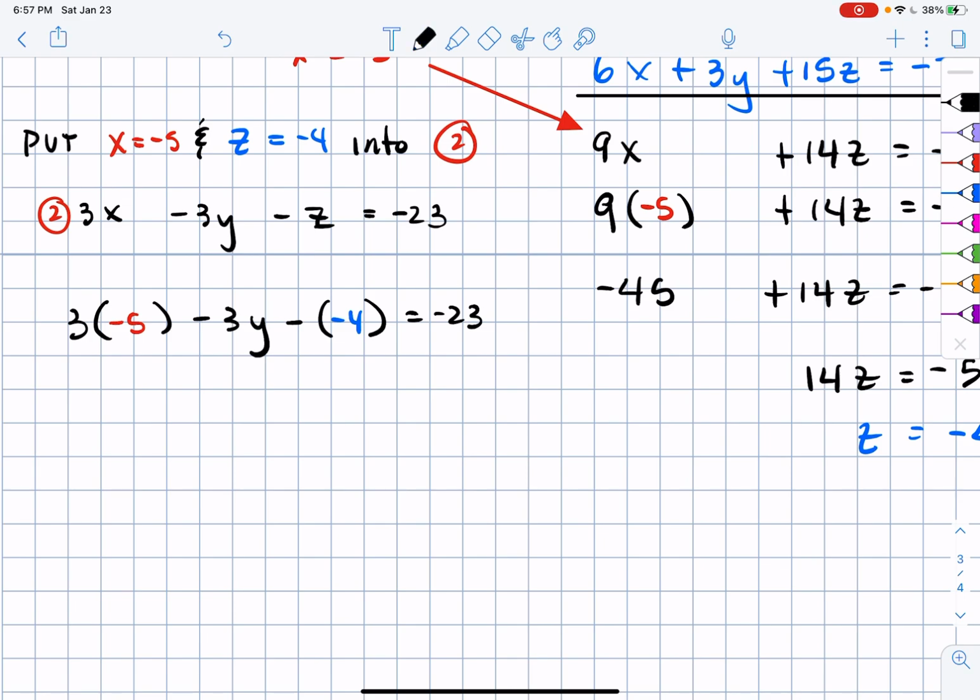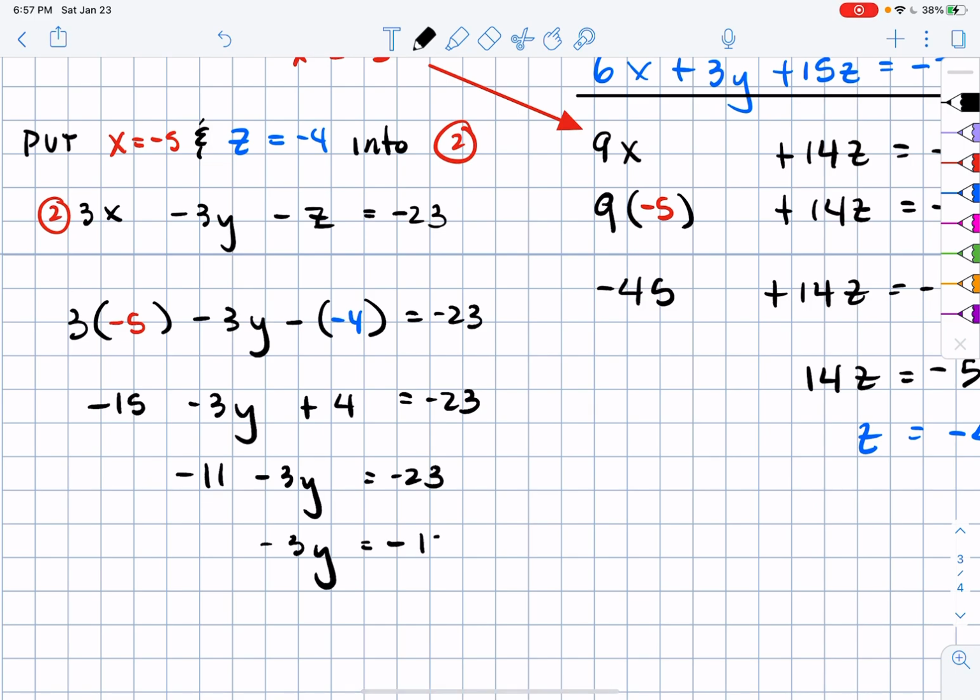So I really have negative 15 minus 3y plus 4 equals negative 23. Negative 11 minus 3y is equal to negative 23. Add the 11 over, and I get negative 3y equals negative 12. So y is going to equal 4.